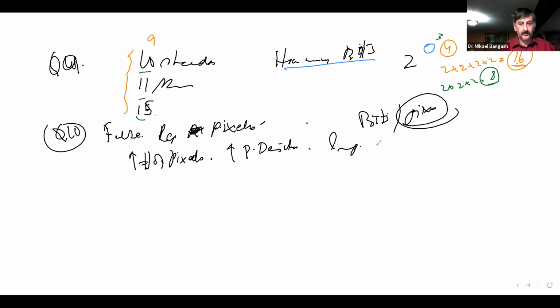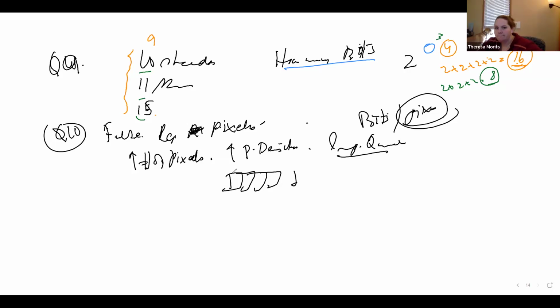It improves the quality of the image, rather than having bigger pixels with a low pixel density, which was going to cause our image not to be as accurate, just being big boxes. Did you guys get that? Yes. Okay.